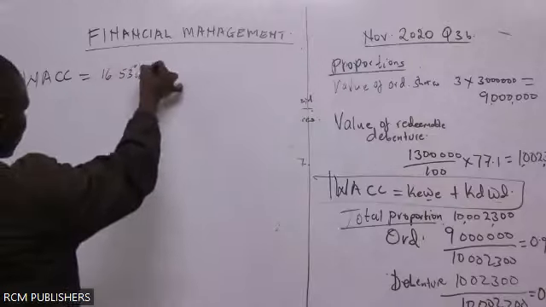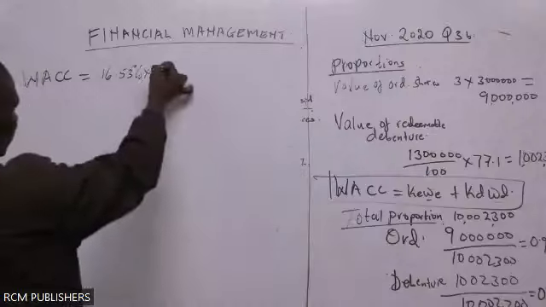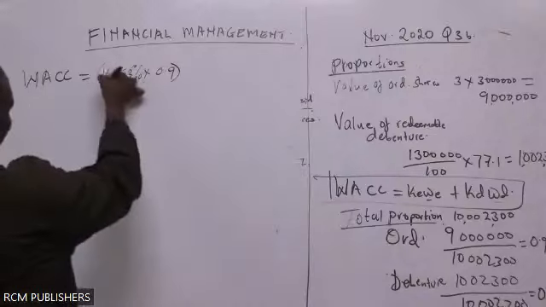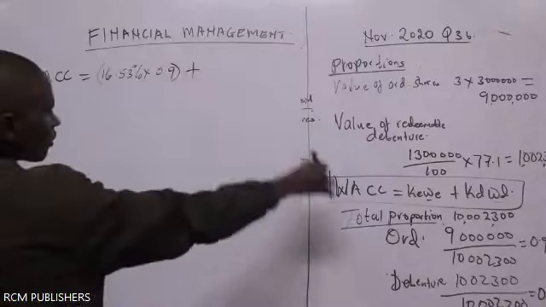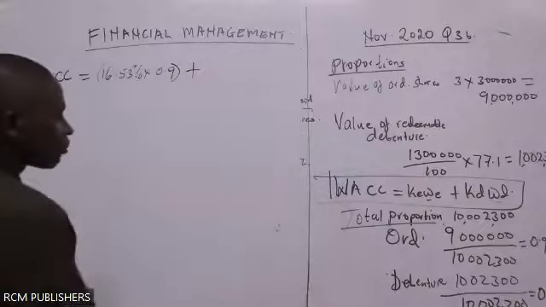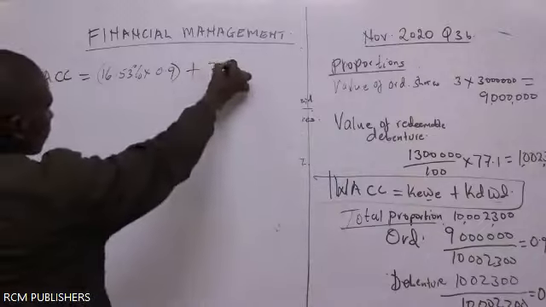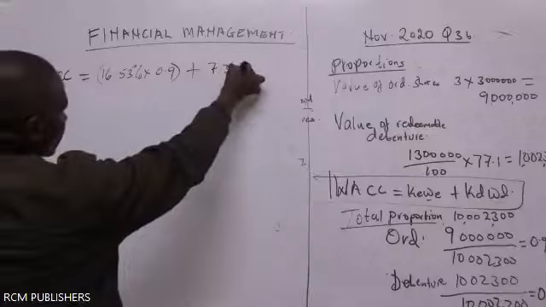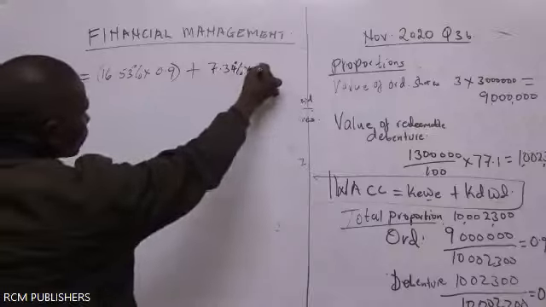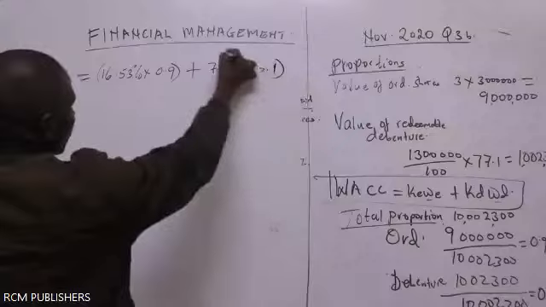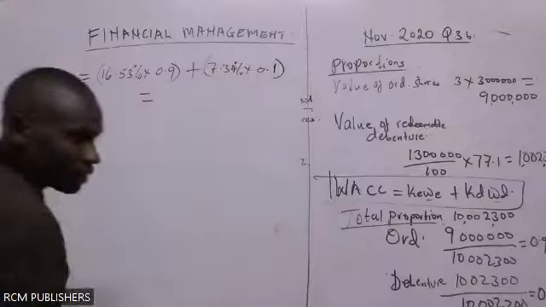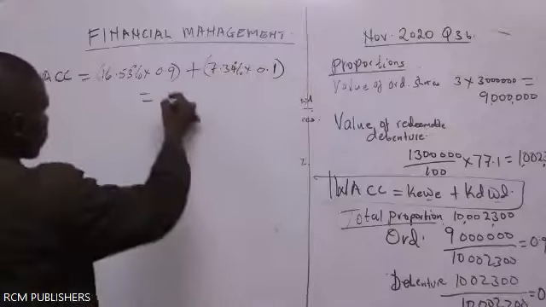I multiply by 0.9. And then I add 7.34%, which I multiply by 0.1. Then I add the two, and I'm being given 15.611.